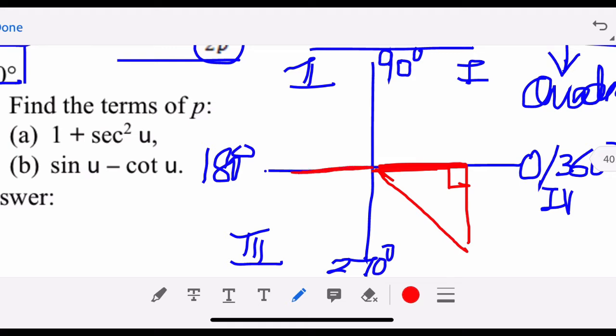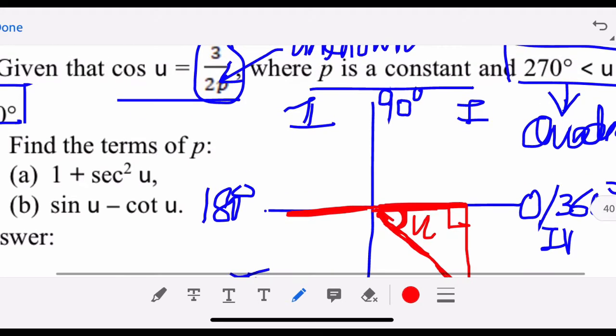If you have the second or third quadrant here, the first and fourth will be here. After you draw the right angle triangle, you must label where the angle is. The angle is always between the positive x-axis and the hypotenuse. So this should be u. You have to label the u.